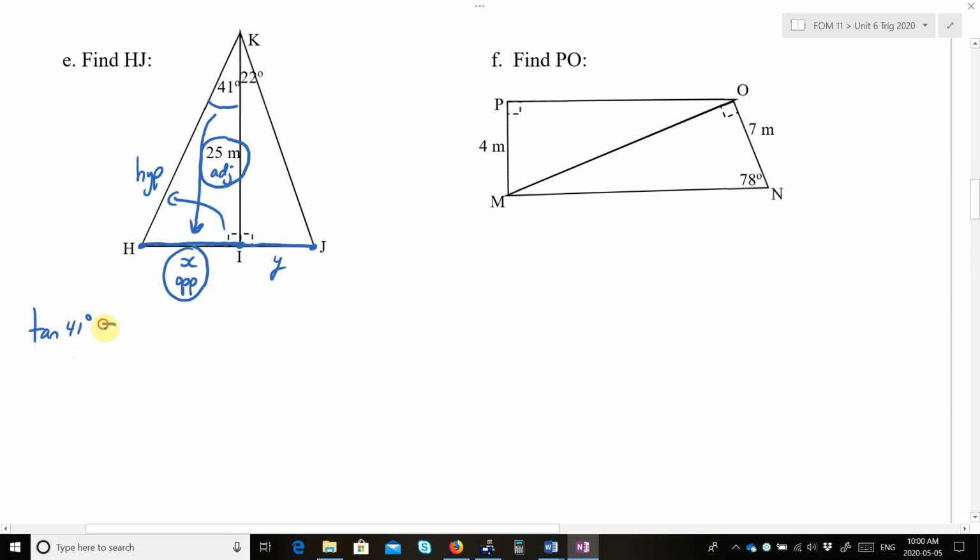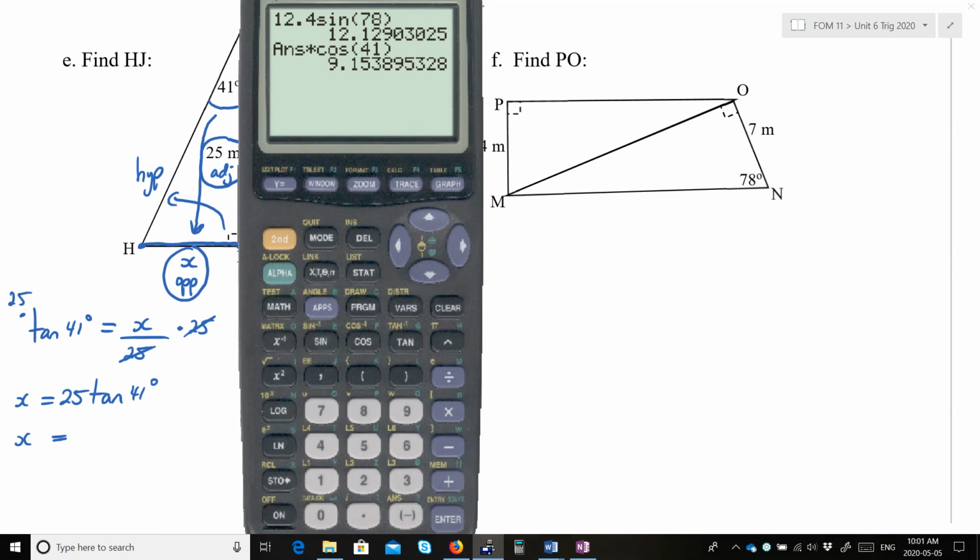So tan of 41 degrees is equal to x divided by 25. Multiply both sides by 25, and we get x equals 25 tan 41, 21.7.